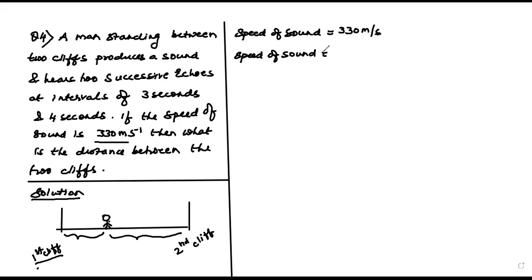So I'll always say in my formula, speed of sound is 2 into distance from first cliff upon time taken. Are you getting me, children? So speed of sound equal to 2 into distance from first cliff upon time. So speed is 330 meter per second. Okay, and what time it has taken?